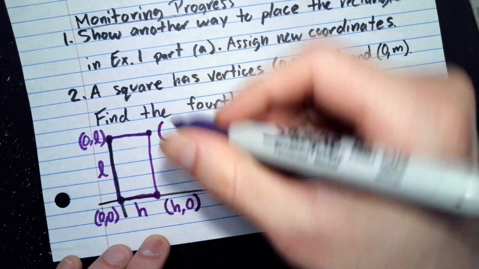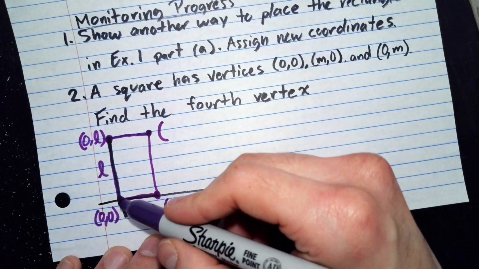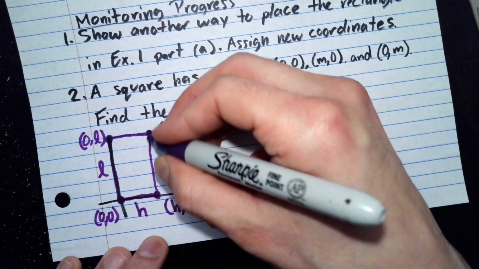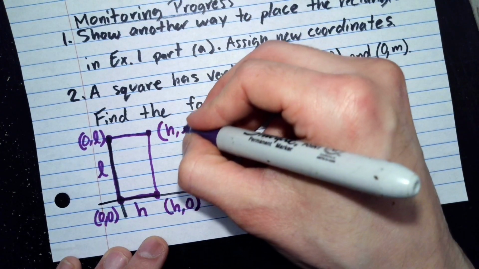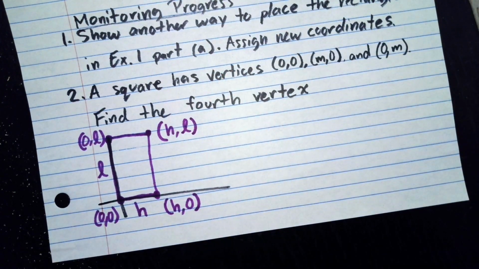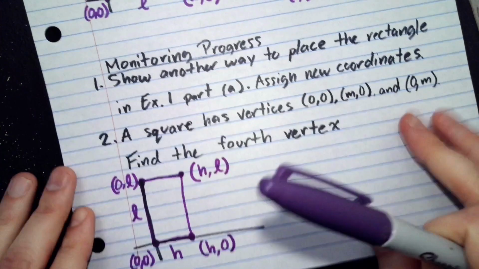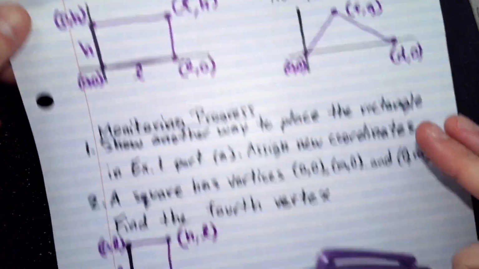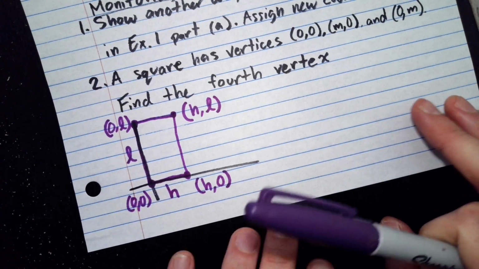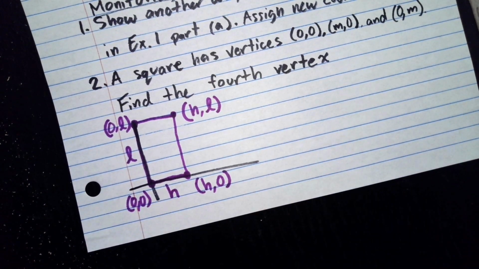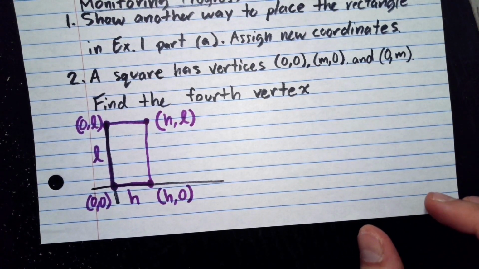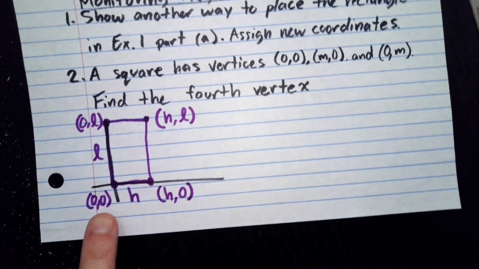If I want to find this point here, I have to go H to the right and then I have to go L up. If you notice, these are not placed the same way, but they are both right. So this is another way that we can place a rectangle in my coordinate plane, and it will still work. And here are my new coordinates.